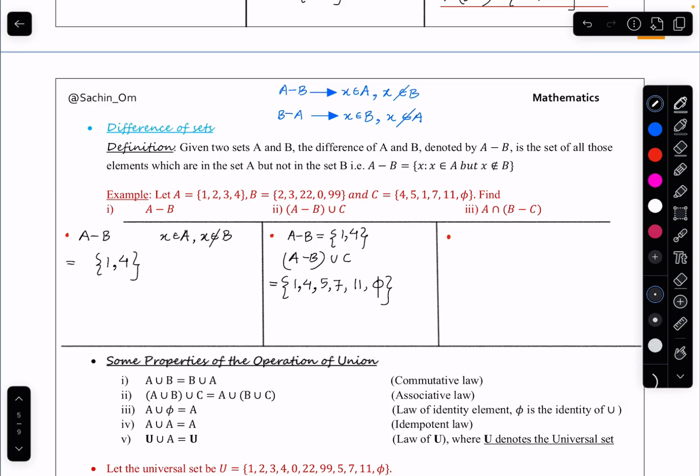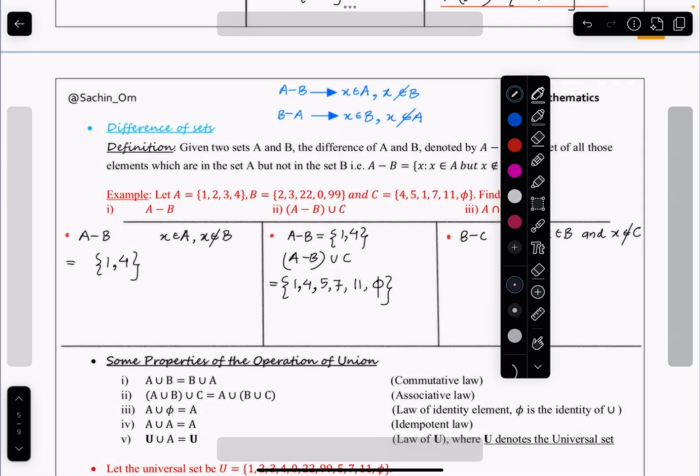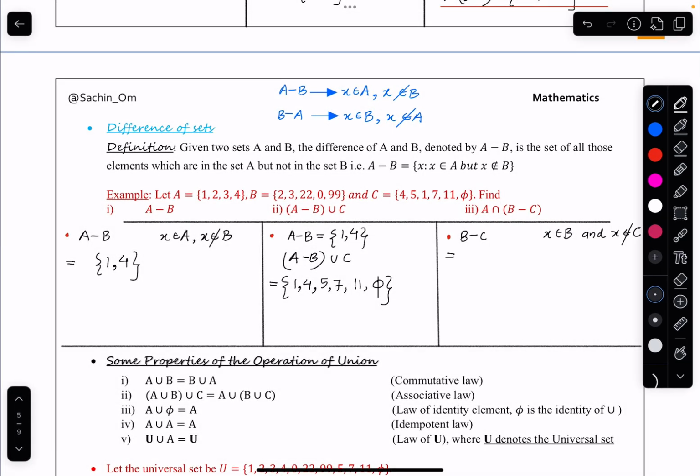And lastly, we need to find A intersection B minus C. Now the B minus C would be, we are taking elements from B. The element we are taking should be in B, but it should not be in C. X belongs to B, but X does not belong to C. So let's see the elements in B. The element 2, which is there in B, is not there in C. So we'll collect the 2.